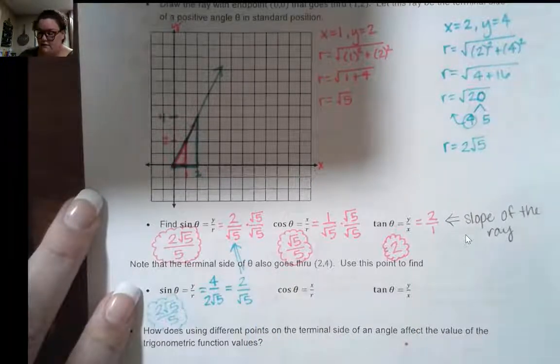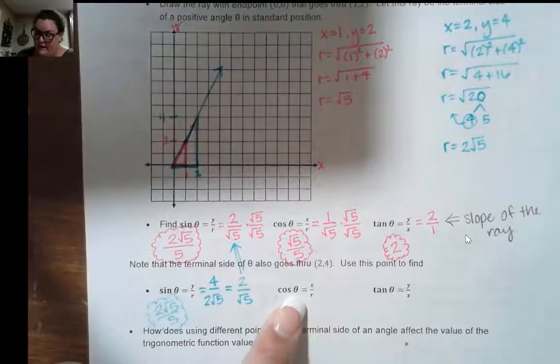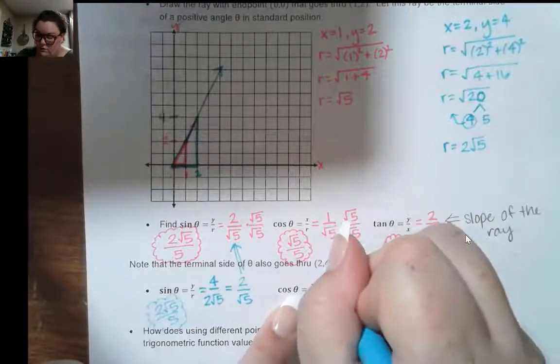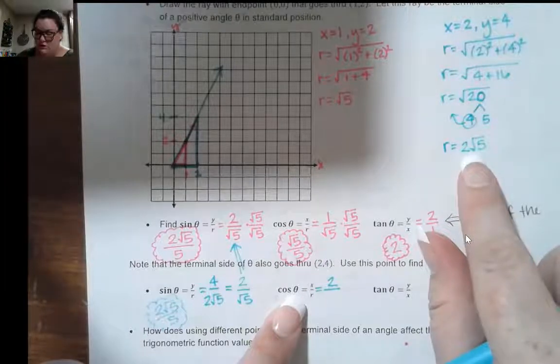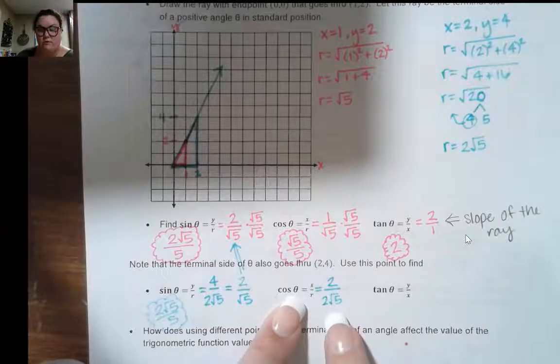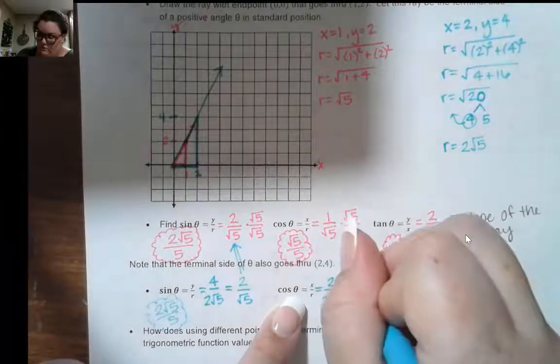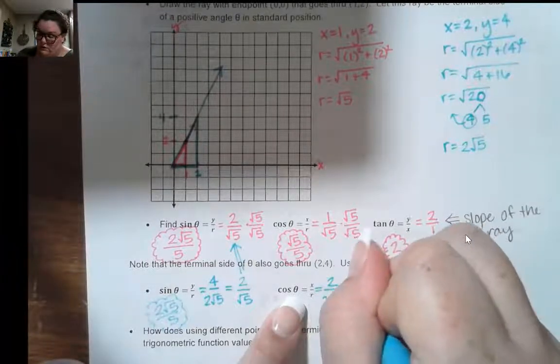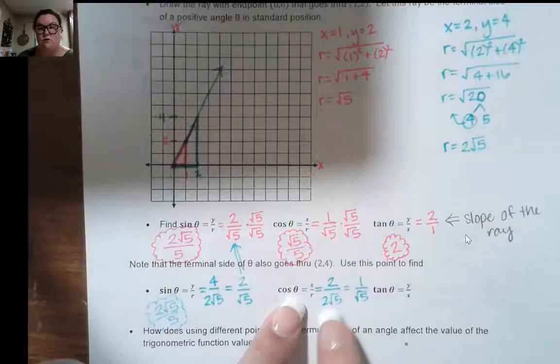Let's see if the same thing is true for cosine. When I calculate x over r, x is 2 over my r, which is 2 square root of 5. Again, I can reduce before I do anything. When I reduce, I get 1 over the square root of 5 because I can reduce those 2's away, right?